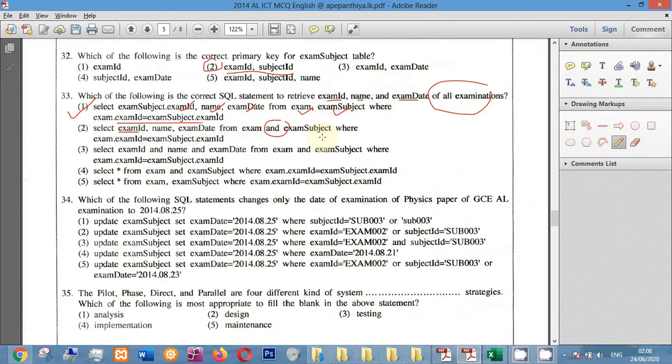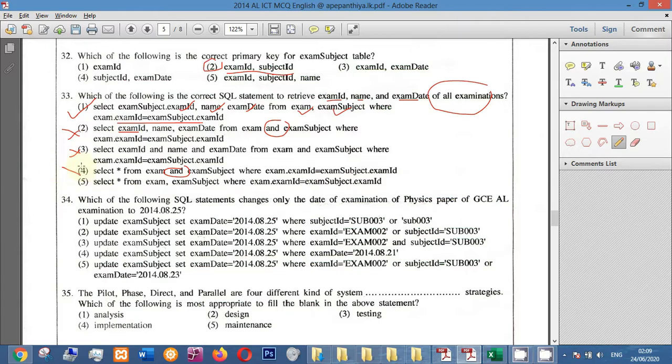It should be a comma, so this is wrong. Select exam ID and name, and we don't put it like that. It should be a comma again. Select all from exam and exam subject. Again we put and here, it's wrong.